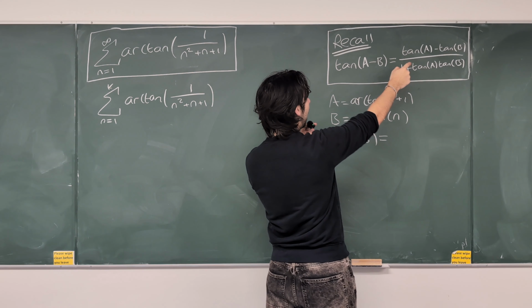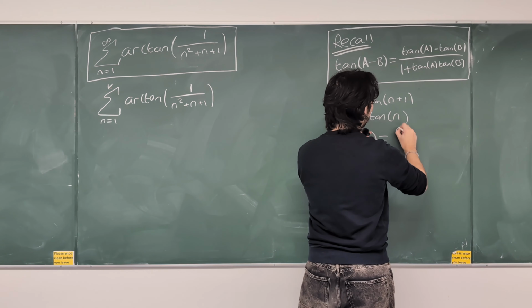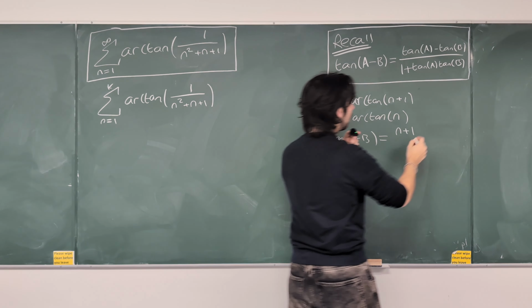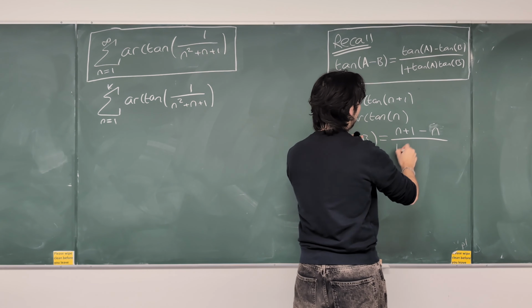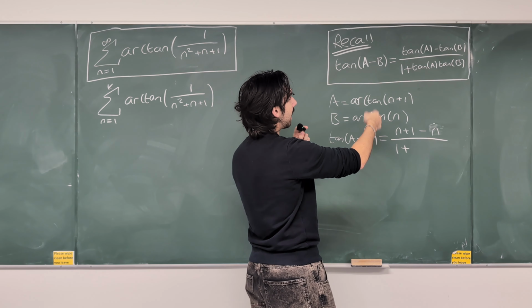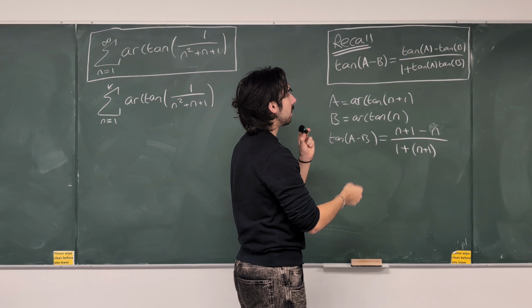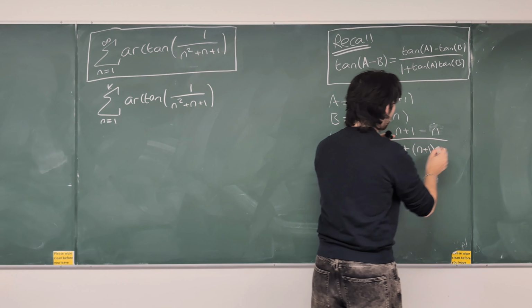I'm going to be doing tan of A, so tan of arctan of n plus 1, that's just n plus 1. And then tan of B, B is arctan n, so minus just n, divided by 1 plus, again, tan of A, tan of arctan, that's n plus 1, multiplied by tan of B, and again, tan of arctan n, that's just n. So I get left with this, okay?